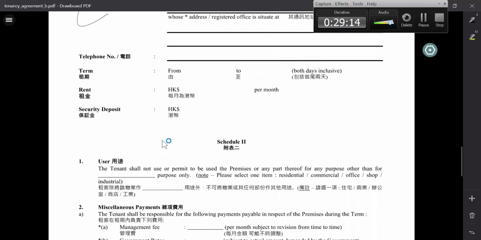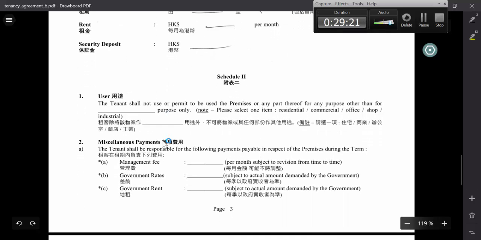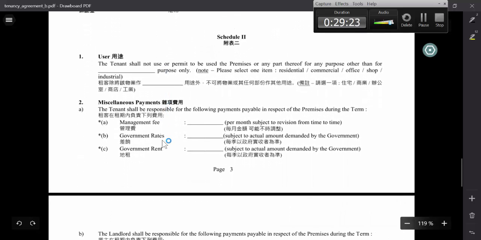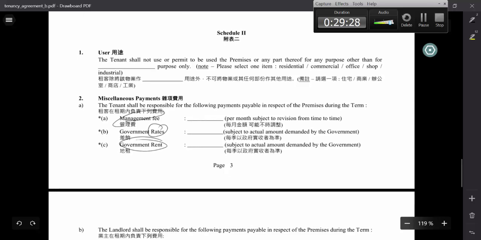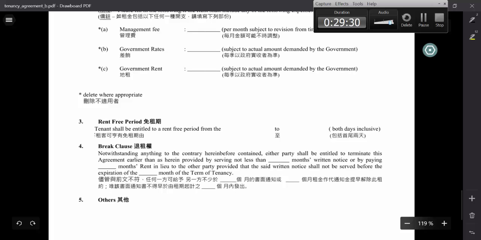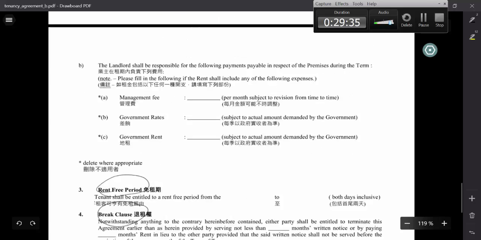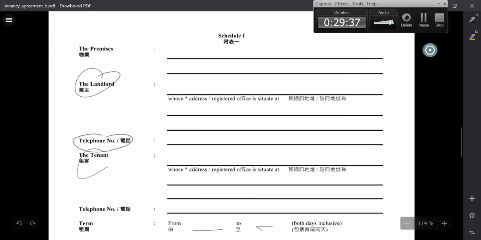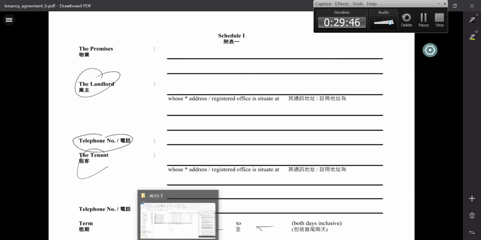Now, these are the commercial terms, like from when to when, how much rent you pay, what the deposit is, and who's going to pay the rates, the government rent, the management fees. Is there a rent-free period, a break clause, and other stuff? Now, this is what they call the schedule. I want to show you this because ISDA is based on a similar idea. And when you see that, you're going to understand that a lot better. Okay?